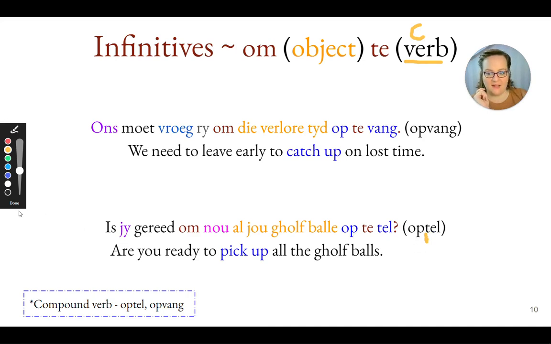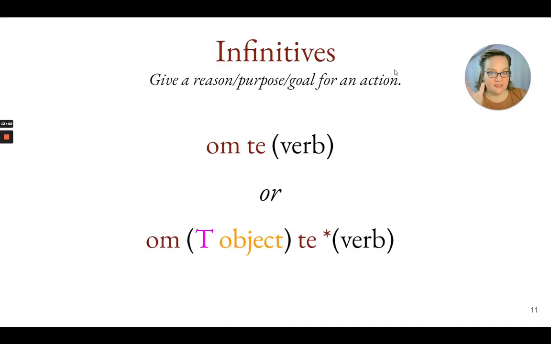Op te tel. Okay. With these infinitives, you know you're having the stompie, and the infinitive at the end is to give a reason, a purpose, or a goal for the action that was taken. So you have om te and a verb, where you have your main verb and helping verb, or compound verb, but you know with a compound verb what's going to happen. It's going to separate, and the te is going to go into the middle.